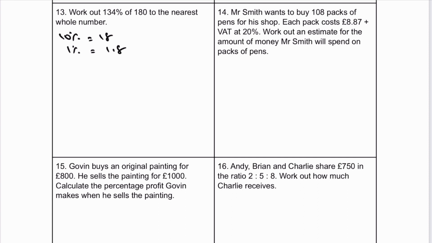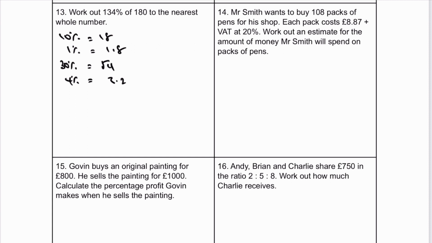I can then say 30% is going to be 18 times 3, which is going to be 54, and 4% is going to be equal to 1.8 times 4, which is actually going to be 7.2.